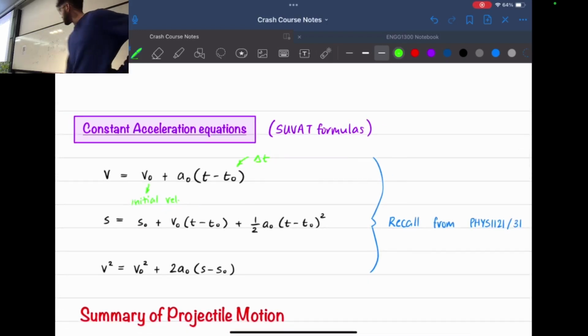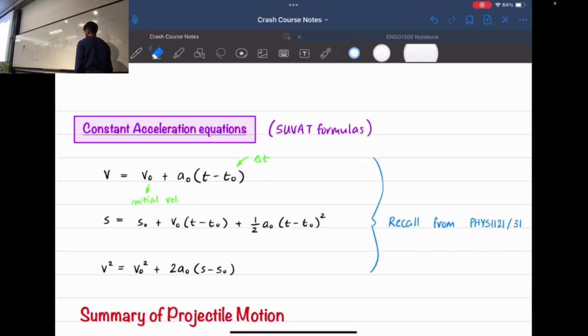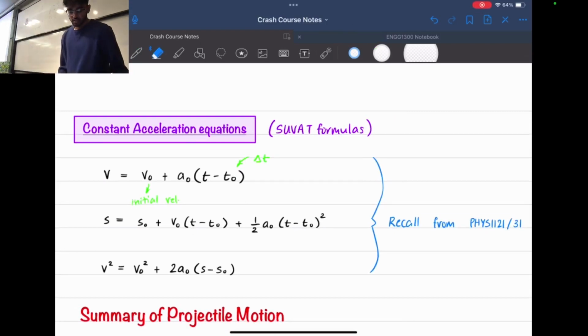So imagine a particle is moving in a straight line, because again we're moving in straight lines, 1D motion, rectilinear motion. It has a velocity v0 and it's accelerating with a constant acceleration of a.